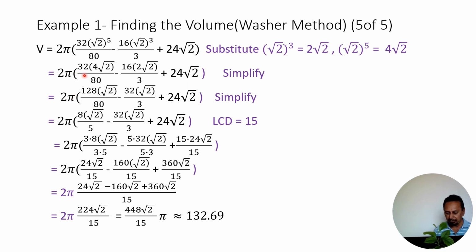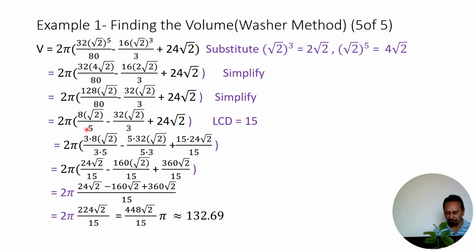Okay, now it's simply 32 times 4 is 128 square root of 2 over 80, 16 times 2 is 32 square root of 2 over 3, and plus 24 times square root of 2. We can simplify these two. We divide by 16, we get 8 here, and here we get 5. And this stays as it is.